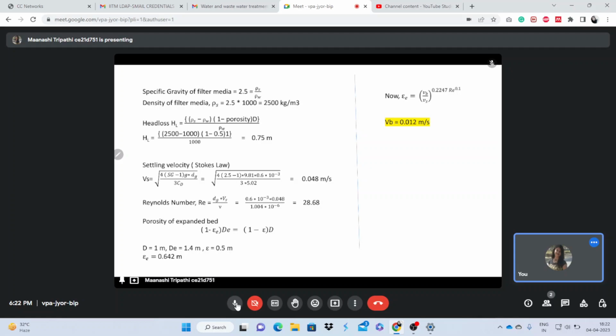Now we know that the expanded bed porosity is related to the backwash velocity and the settling velocity by this empirical relation. When we put all the values in that, we get the backwash velocity as 0.012 meter per second. So this is our answer. Step by step we can get to this answer.